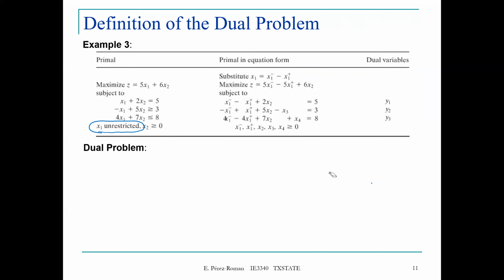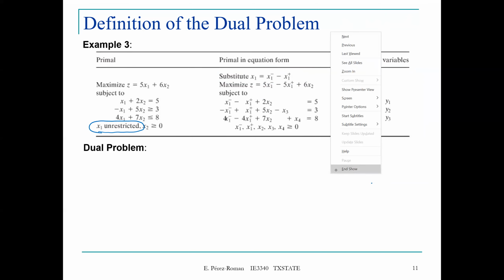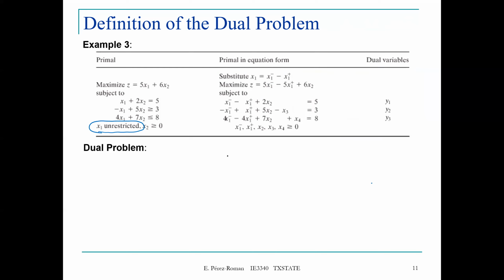So we have x1 is going to be equal to x1 minus and x1 plus. So let's proceed. So again, we go from maximization to minimization.